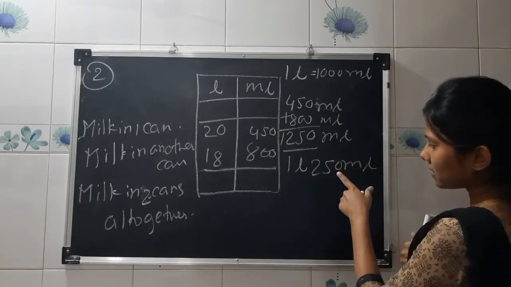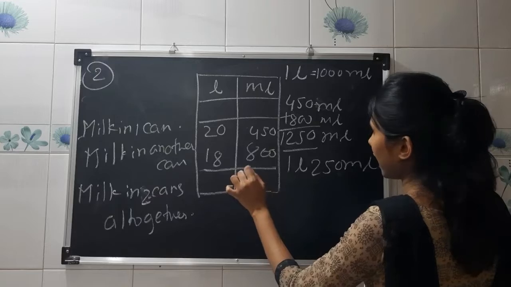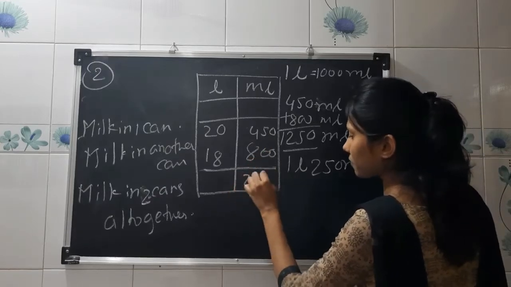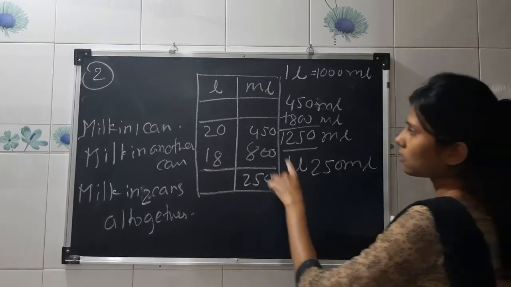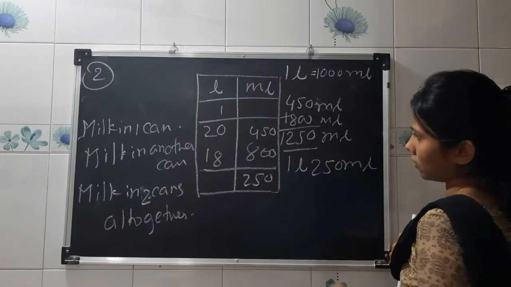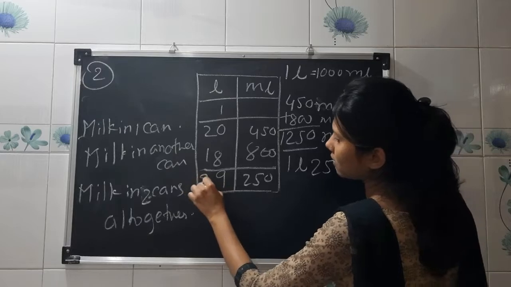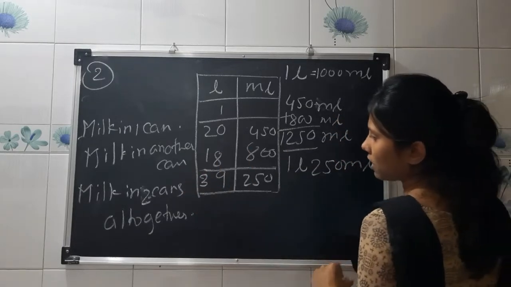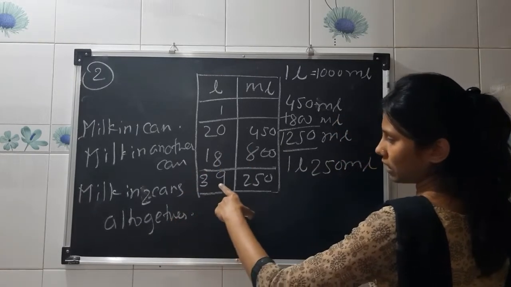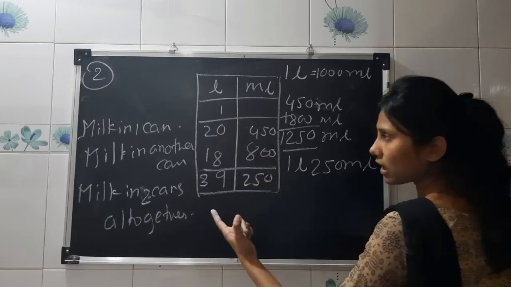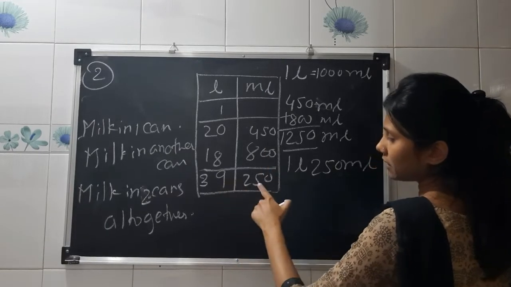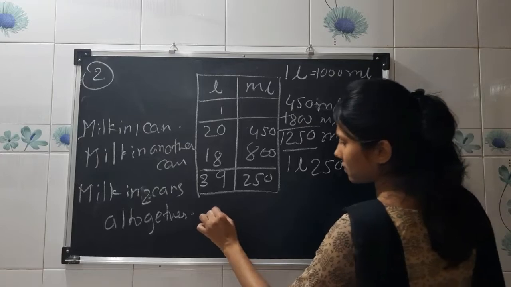Okay, so you have to write this 250 under the ml column. You have to take this one here in the liters column. So 9, 3. Okay, so milk in 2 cans altogether is 39 liters 250 milliliters.